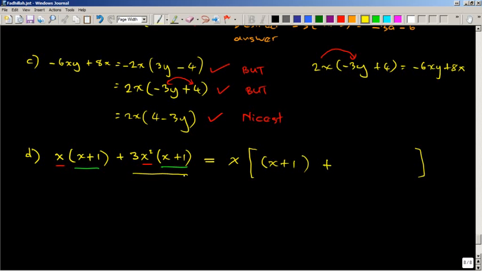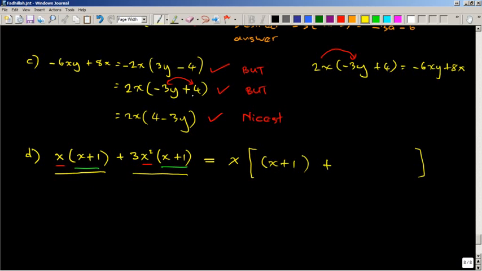Okay. If you are taking out this bracket, you are multiplying X with X plus 1 again. Then if you are multiplying X with X plus 1, then you get the same answer. X times X plus 1. So far so good? Yeah.